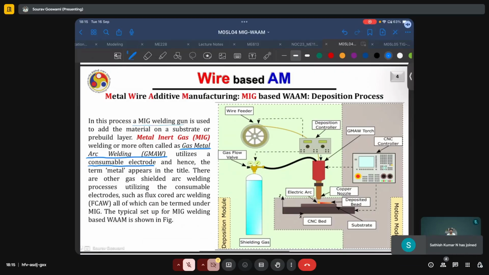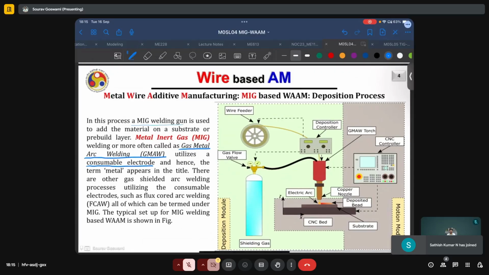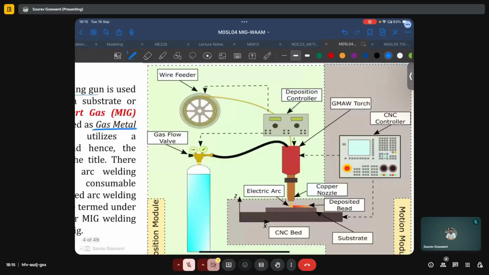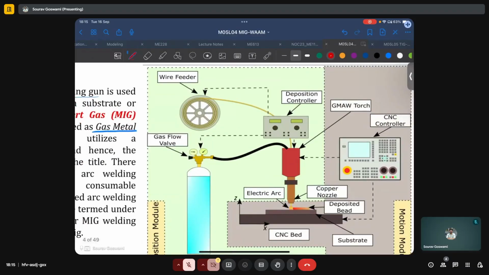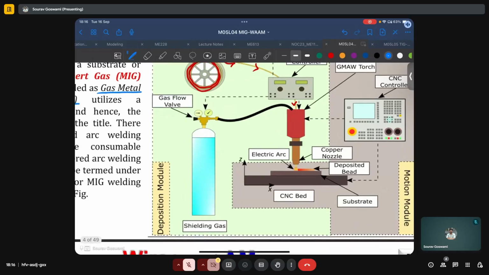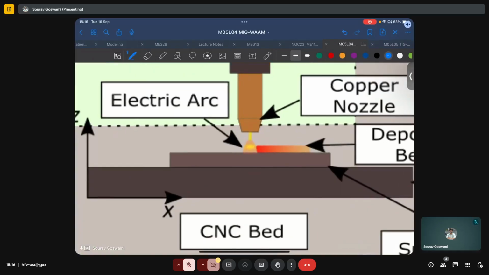And a typical setup for the MIG process is shown to the right here, where we have this wire feeder, which is pulled up here and which feeds the wire to the system at a particular tension and at a particular feeding rate, which are of course moderated by this deposition controller. We have the welding gun here, which has a copper nozzle. At the base of this copper nozzle, here we can see that the arc is forming from the wire.